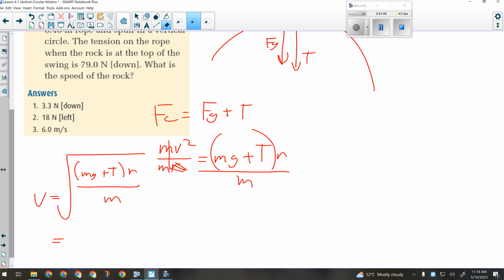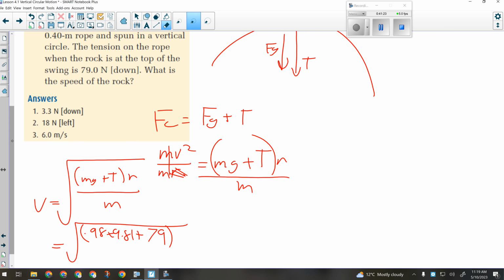When we're plugging in all of our numbers here, that's going to be 0.98 kilograms times 9.81 plus the tension, which they told us was 79 newtons. Then we multiply that by the radius, which they told us was 0.4, I think, and divide by the mass, 0.98. Like I say, it's a tricky manipulation.